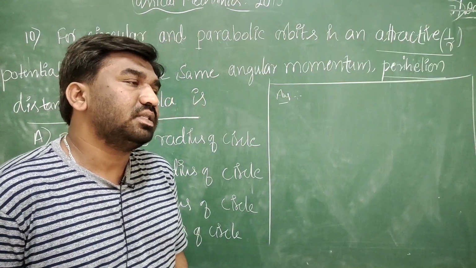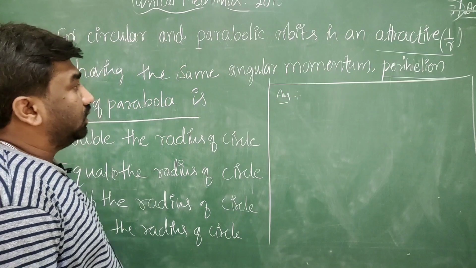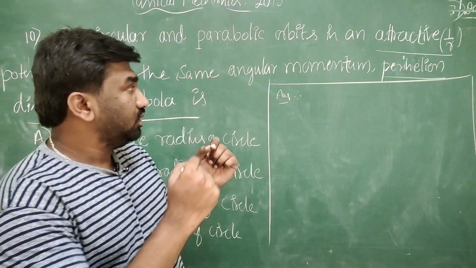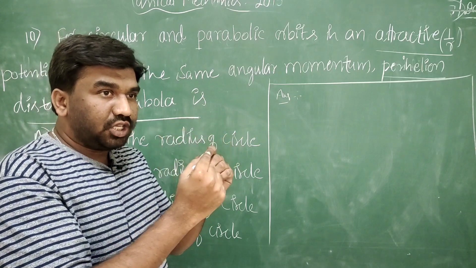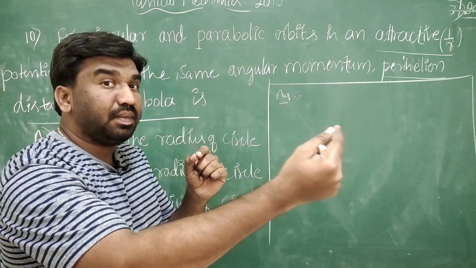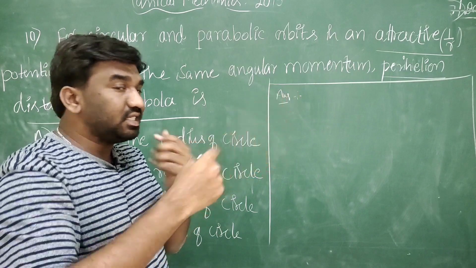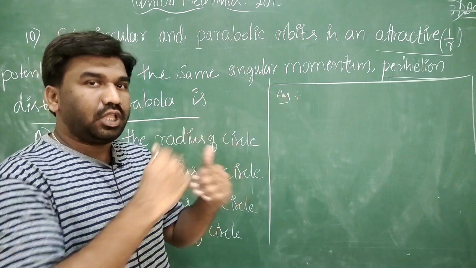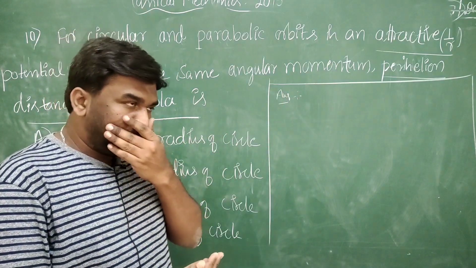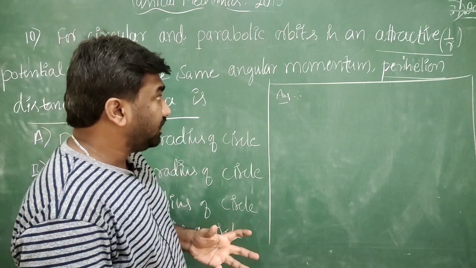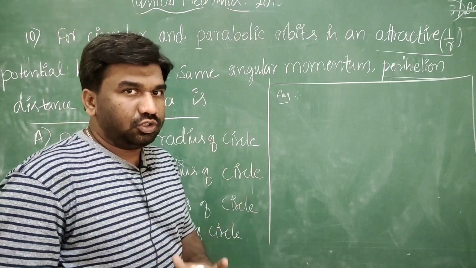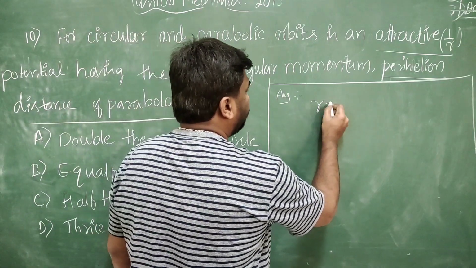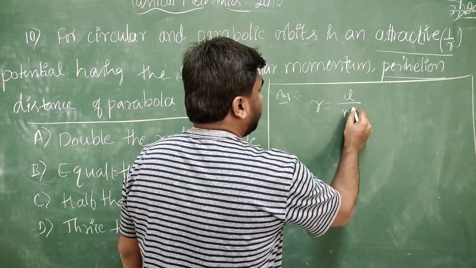The perihelion means the distance between the planet and the sun, the center of the position, and the distance we are going to measure. So here for an orbit we know that r is equal to L divided by mk square.